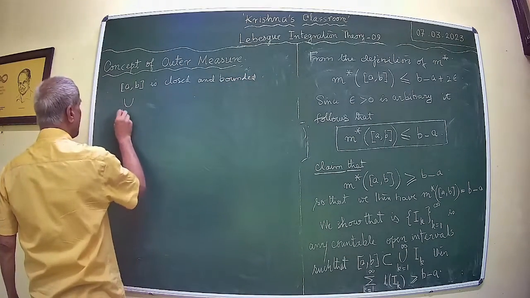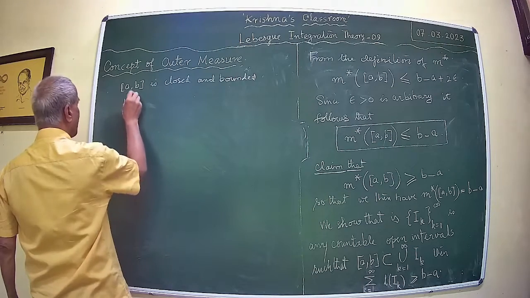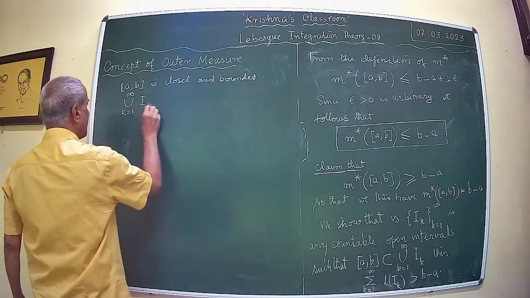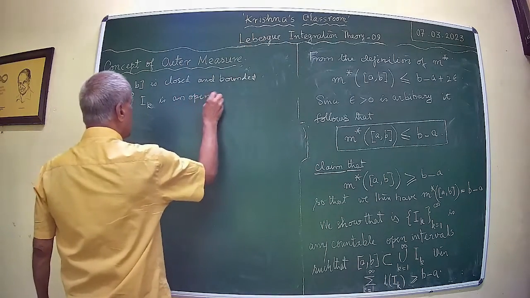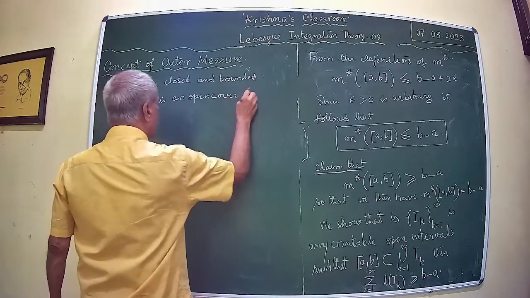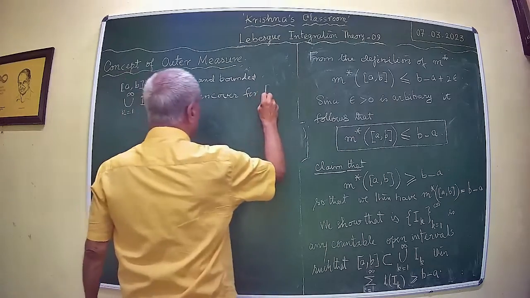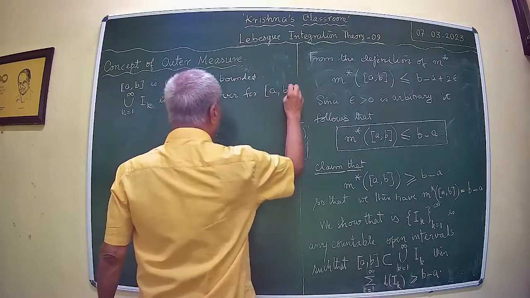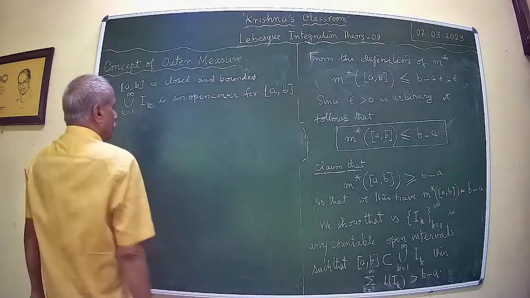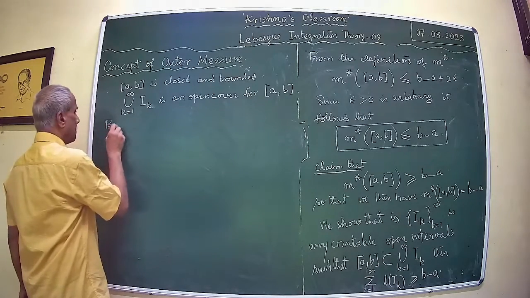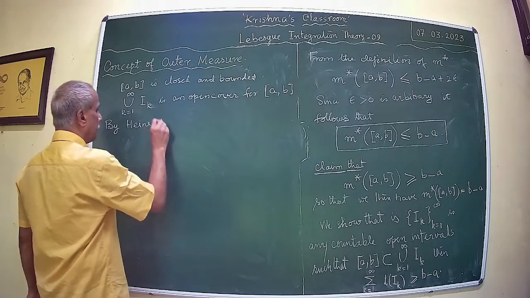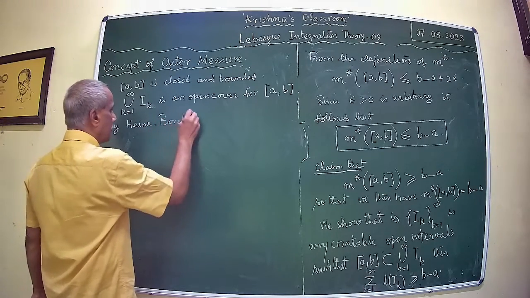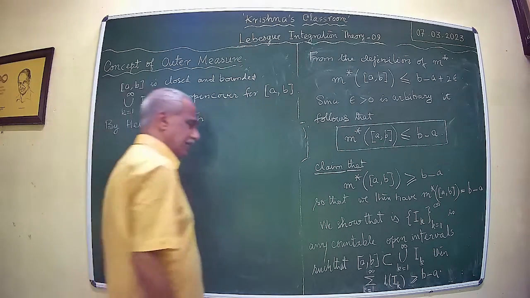The union is an open cover for it. Therefore, by the Heine-Borel theorem, this is the compactness that you are using.